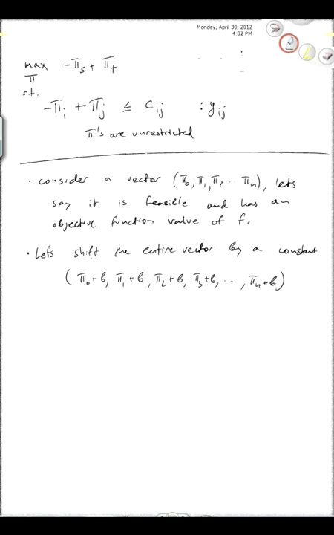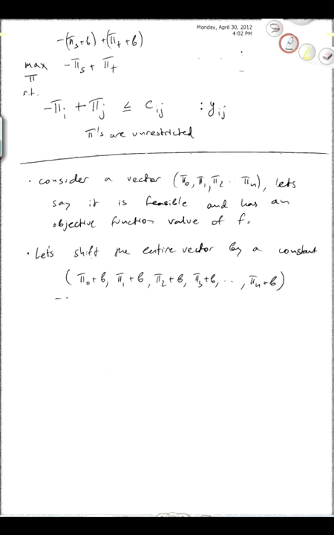So let's think about this new vector and what kind of an objective function value it would have. Well, this new vector, when I plug in here, the new value that it has for pi s would be whatever the old value was, but added with b. And its new value for pi t is going to be whatever the old value for pi t was, but added with b. And when we do that, these b's are going to cancel, because I get a minus b from this side and a plus b from that side. And then I'm going to end up with whatever the original value was.